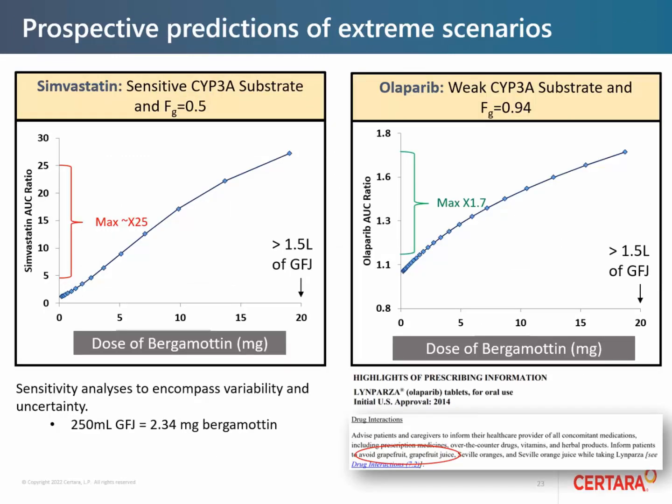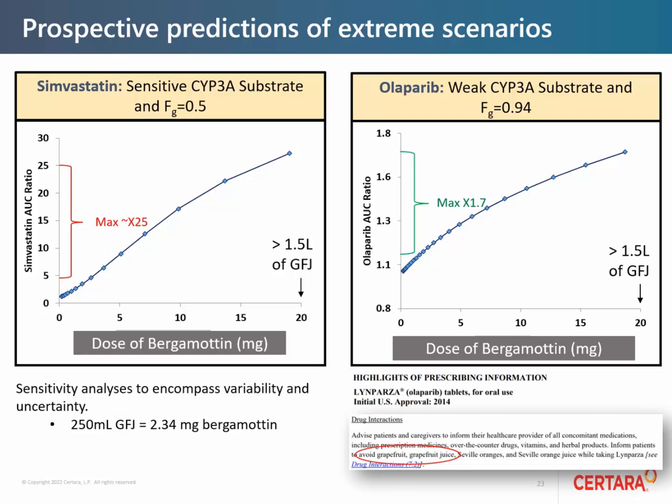Now, to account for these vast variabilities, we can start to do sensitivity analysis. Sensitivity analysis is particularly useful since extreme scenarios can't really be investigated in the clinic. Here, sensitivity analysis was done using bergamottin as a perpetrator to encompass the uncertainty in individual grapefruit juice consumption, but also the variability in bergamottin concentration from each grapefruit juice source.